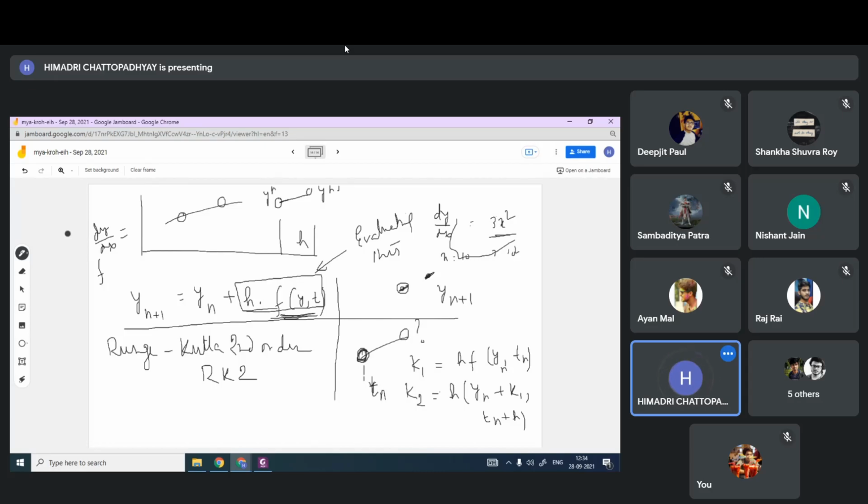Now you go to this point, because like a new y, you take a new value of y. This k1 is nothing but sort of a y value. Now evaluate this function again with the k2 value. Then you write yn plus 1 is yn plus (k1 plus k2) by 2.